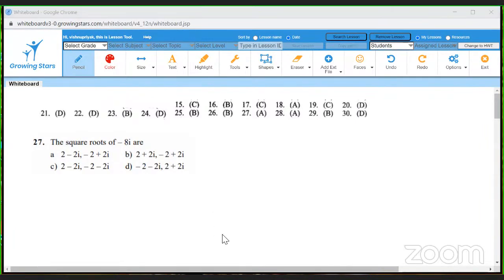Let me do this and show it to you. The square root of minus 8i is being asked.